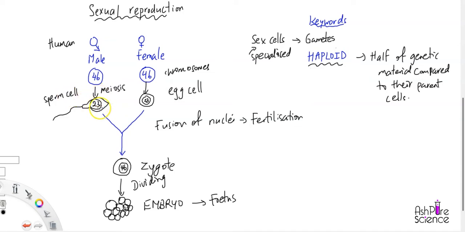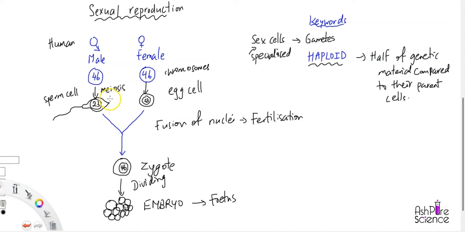So the sperm cell will have only 23 chromosomes, and the egg cell will have only 23 chromosomes. And just for you to know, the process that allows a body cell to divide to produce haploid gametes is called meiosis. So this is something that we're going to study a bit more later.